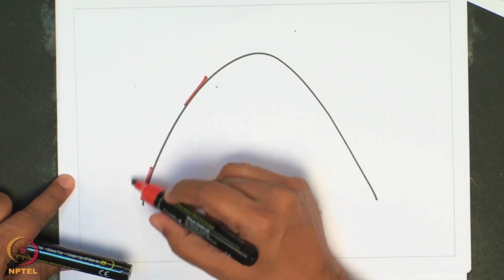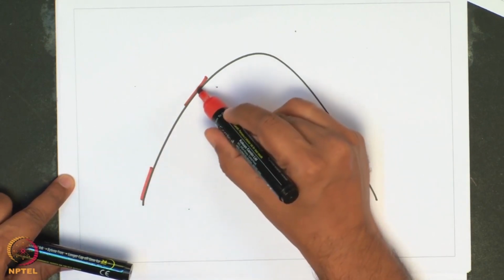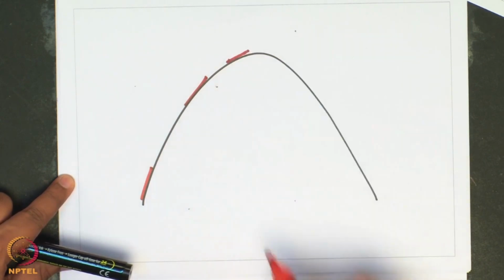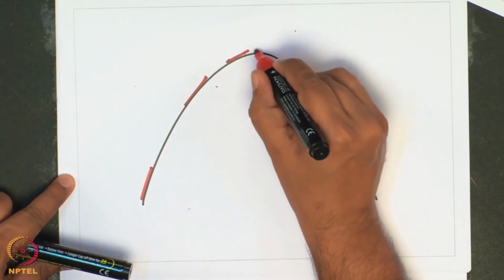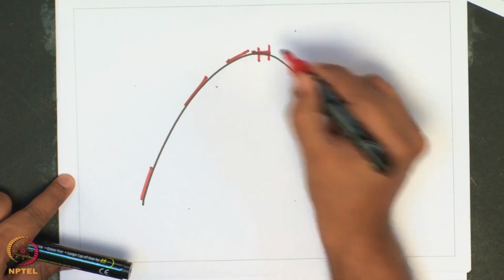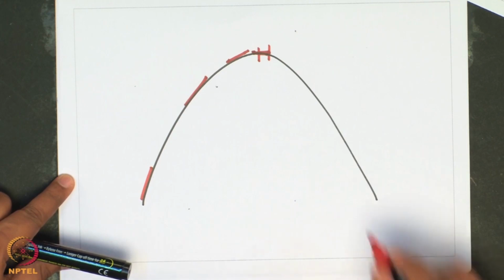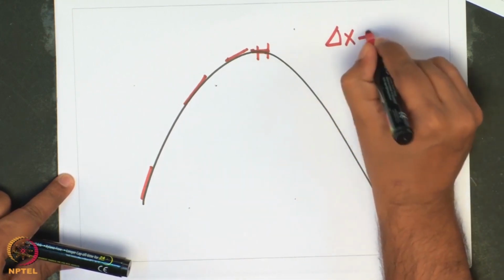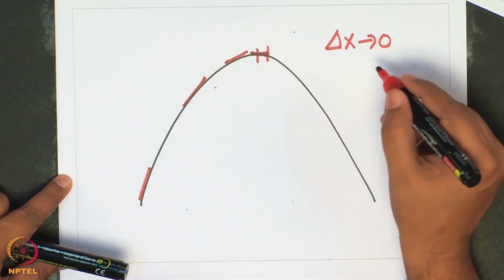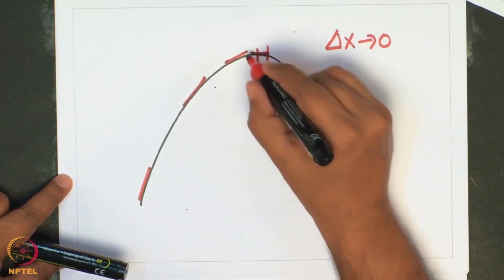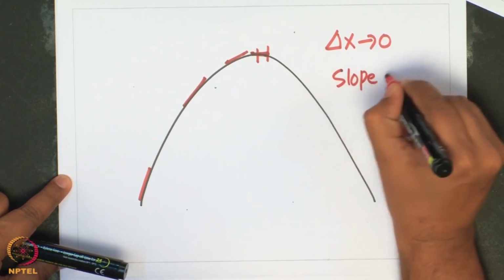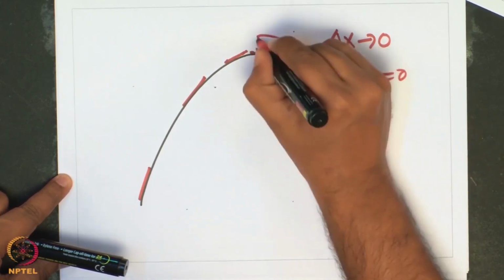This is a higher positive value; if this is 10, this will be 6. And if I go further down, the slope has further reduced. And exactly at the peak, if I take an extremely small delta x, in the limit delta x going to 0, it will be essentially like a horizontal segment. That means the slope will be 0 right at this peak.